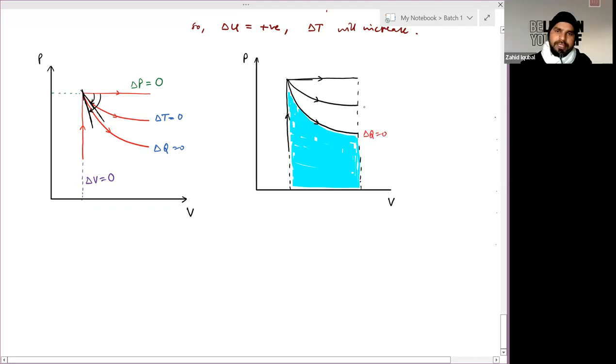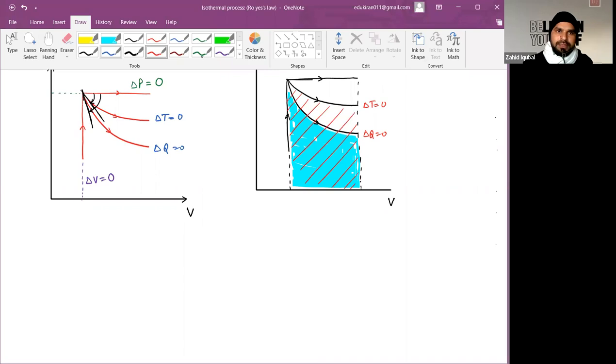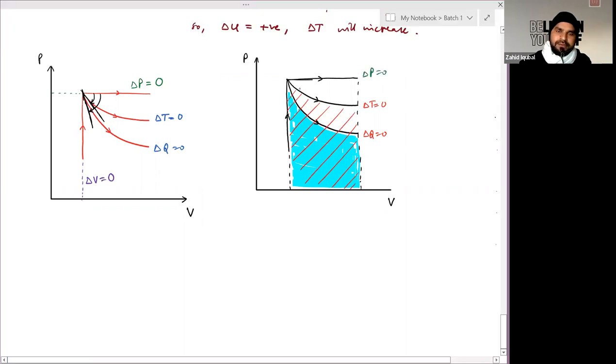But if you have to calculate isothermal, you must add this particular area also to this part. And last, in case of an isobaric process, further, this area must be included in this part.